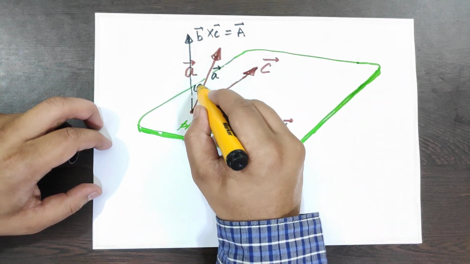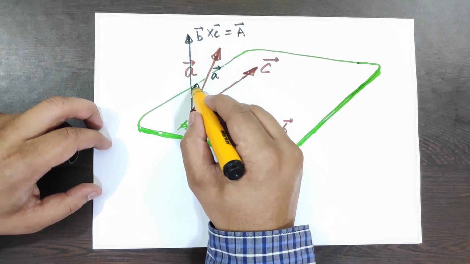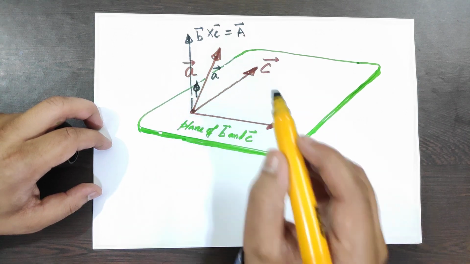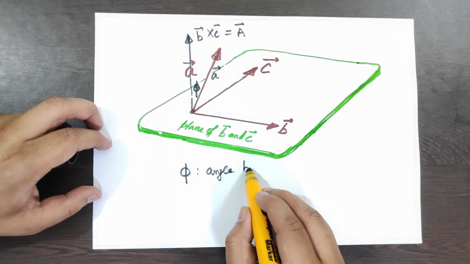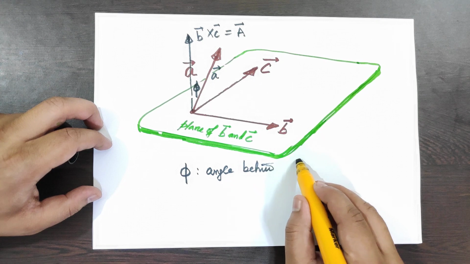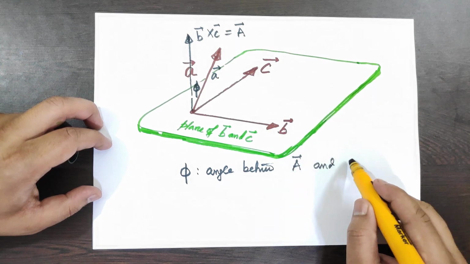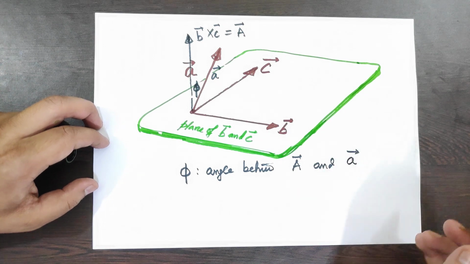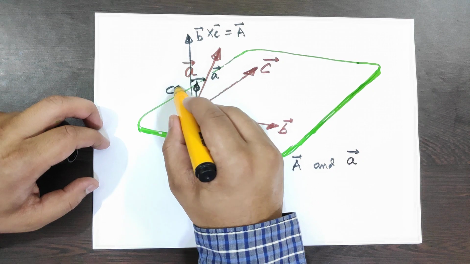Now this theta was the angle, so this I will take as phi. So phi is the angle between this area vector A and vector small a, right? This angle is phi.